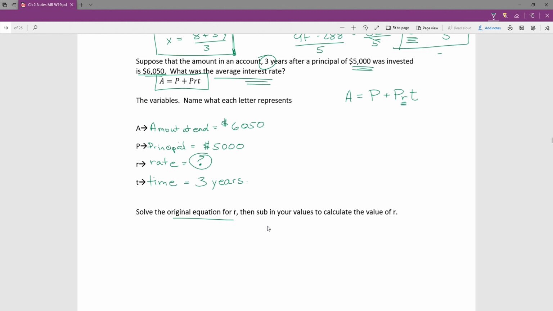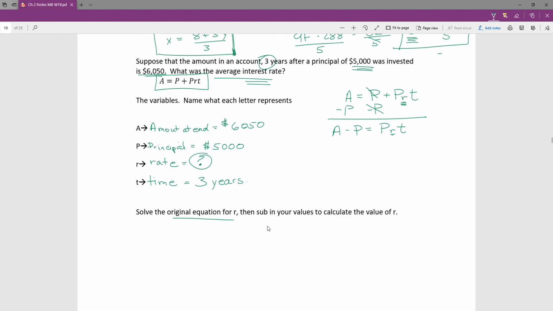So I'm going to start out by getting this P away. So I'd subtract P from both sides. A minus P, those would be gone, would equal PRT. And every time I see this, I think of the nursery PRT.